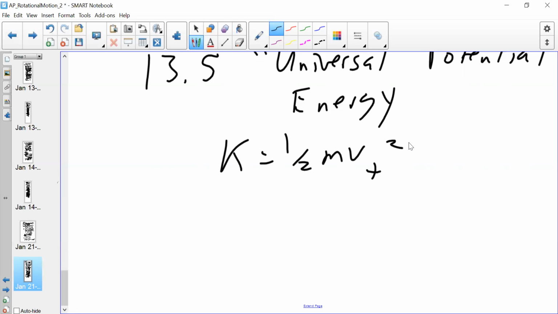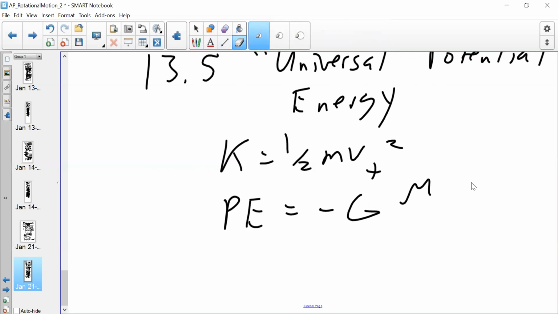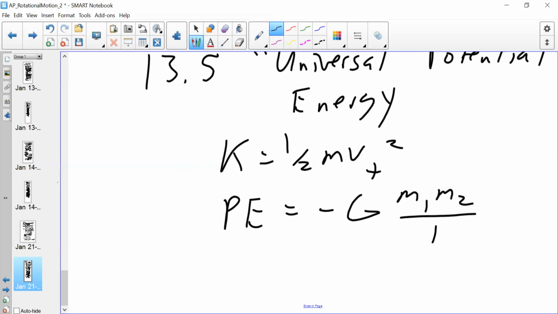And potential energy, the so-called universal potential energy, which is the integral of Newton's law of gravitation, is going to be just this guy right here: G M1 M2 over R, in terms of arbitrary masses.